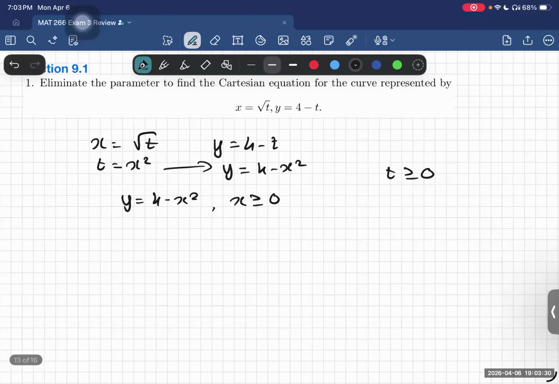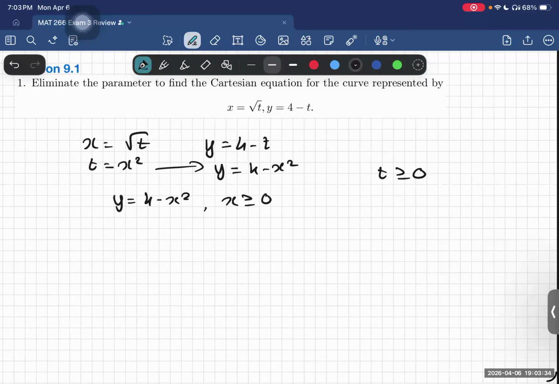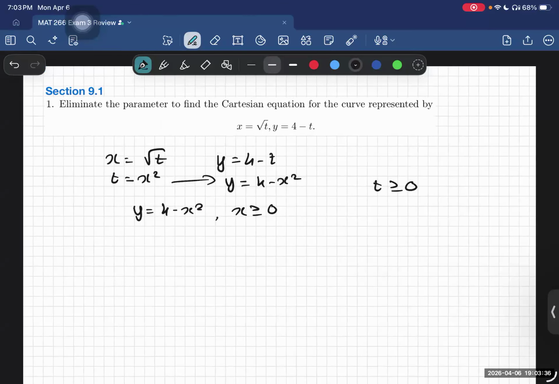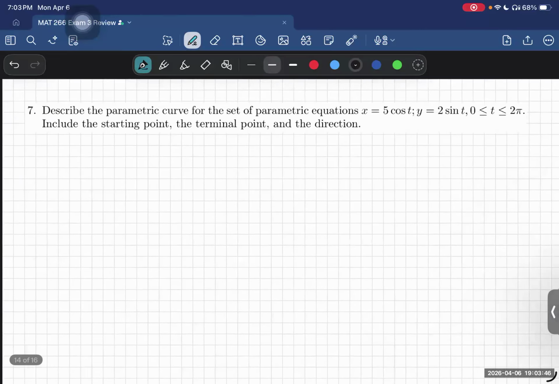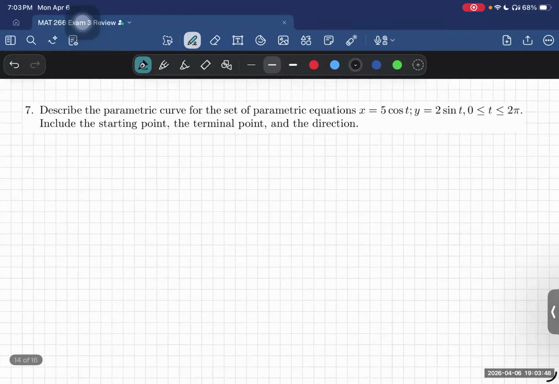Okay, all right. So if you have no questions about this one, we'll move on to the next one. It's a fairly simple one, but just something to remember about the properties of square root. Now, they're asking to describe the parametric curve for the set of parametric equations x is equal to 5 cosine t, y is equal to 2 sine t, from 0 to 2 pi, including starting point, the terminal point, and the direction.